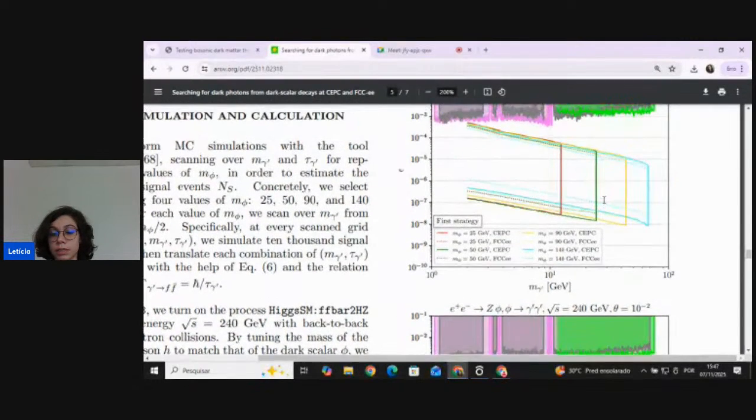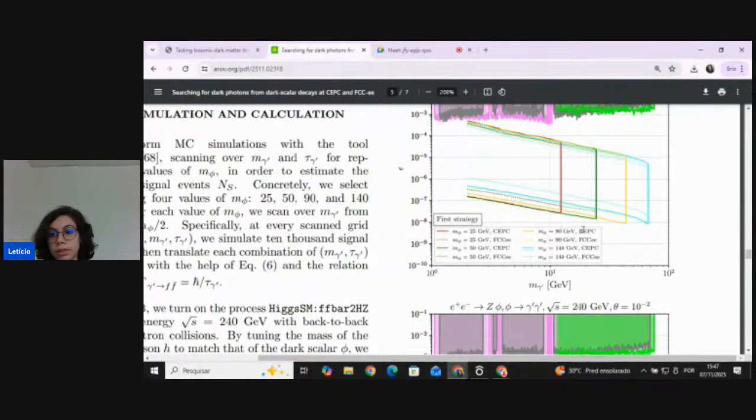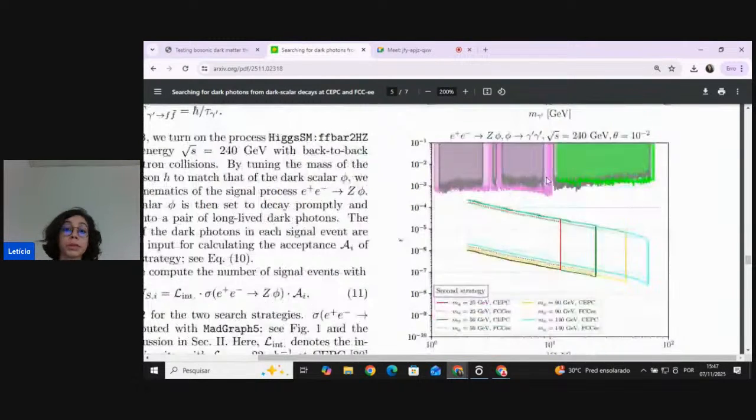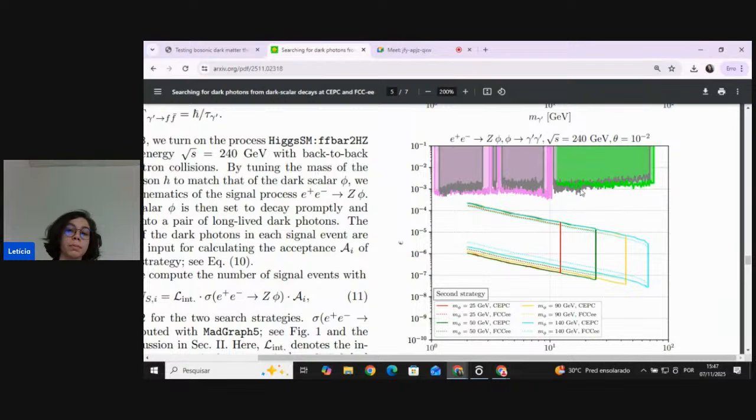And yeah, it's basically this. For the CEPC, as it has a larger integrated luminosity, you have better constrained regions, so I mean more allowed regions that we can look for. And as we can see here, it's not covered by any experiments that were previously taken.